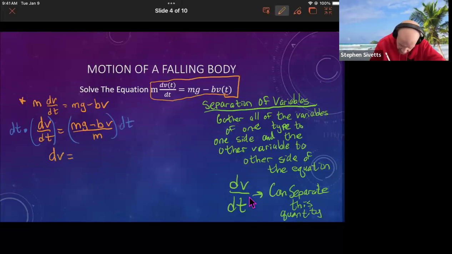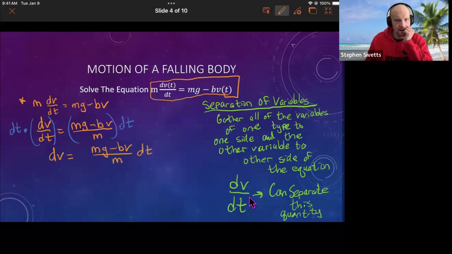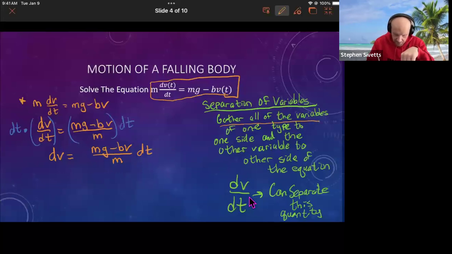And the other side will turn out to be m times g minus b times v over m times dt, right? Okay? So now our goal here is to gather all of the variables of one type, and move it to either the left or the right-hand side of the equation, right?